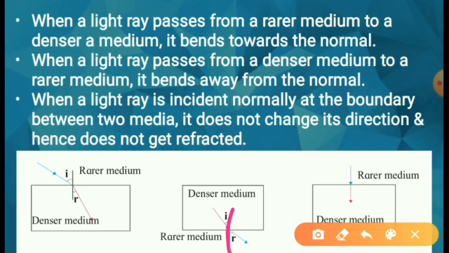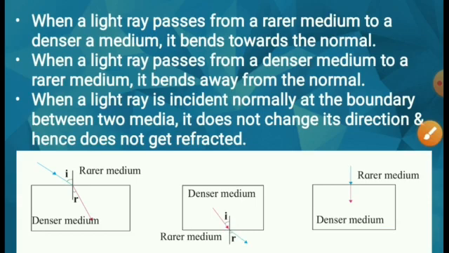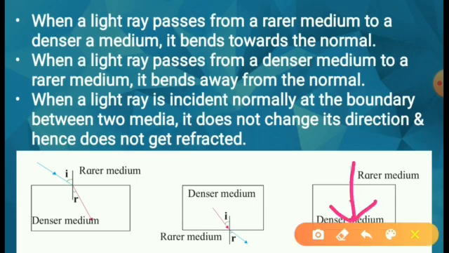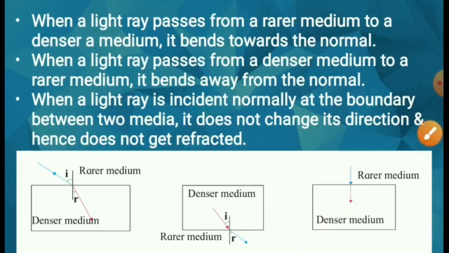See, this is the normal and the light ray passes from the denser medium to the rarer medium. It bends away from the normal. When a light ray is incident normally at the boundary between two media, it does not change its direction and hence it does not get refracted. You can see here, there is no change in direction. So these three points are also important.